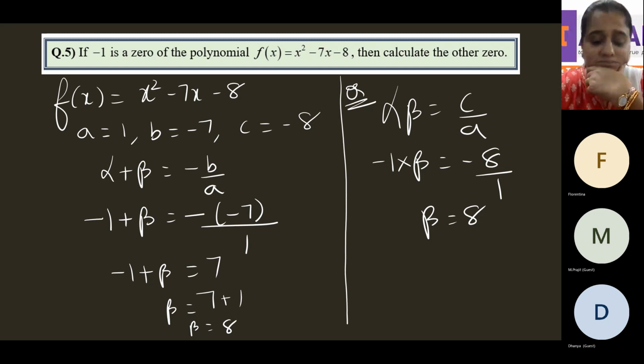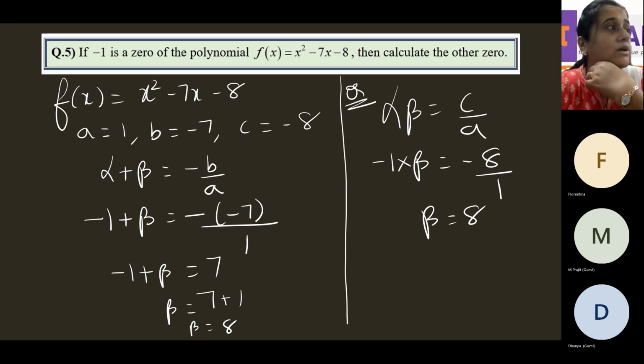You can split the middle term. If you substitute -1 in place of x, you'll get 0.